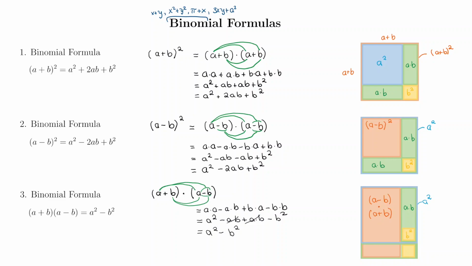What does this have to do with our binomial formula here? So this rectangle, the formula says it's the same as a squared minus b squared. How can we see that here in the image? This one is the same as a squared, which is the big rectangle.